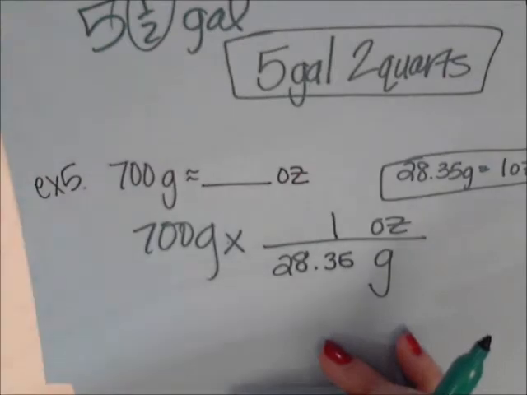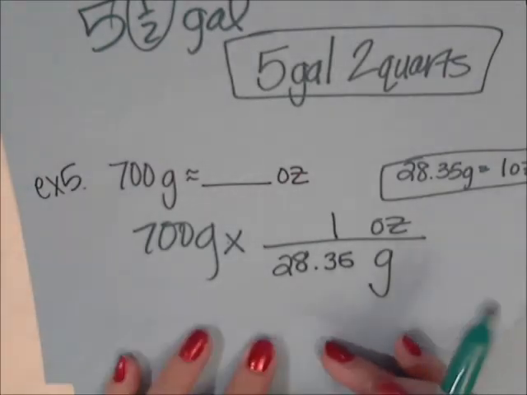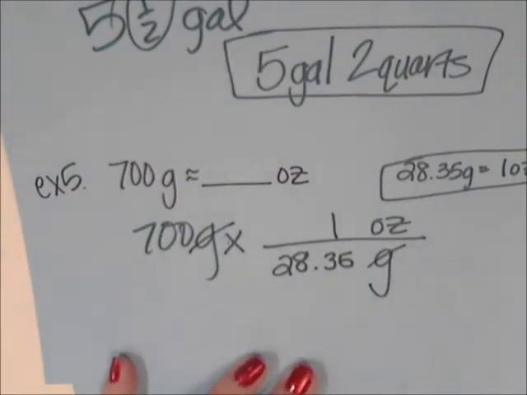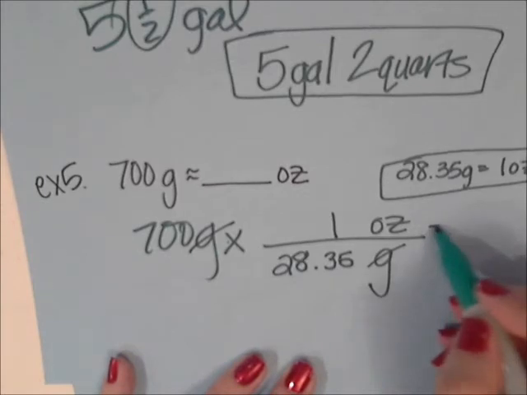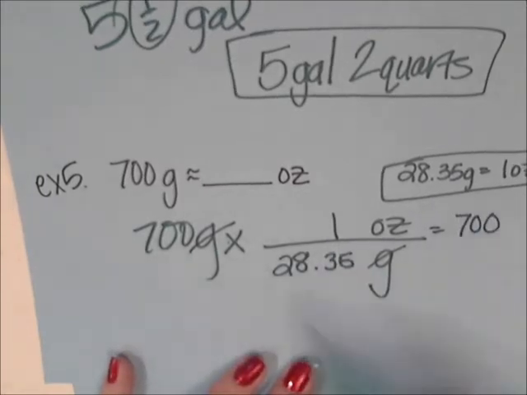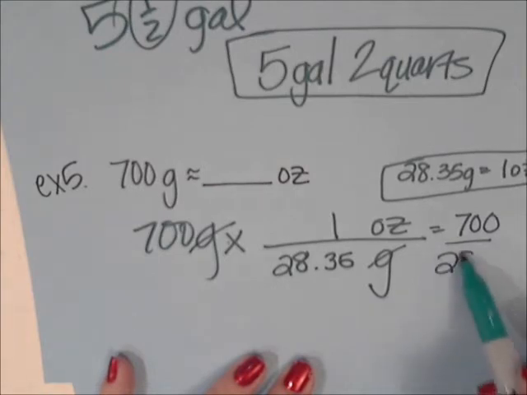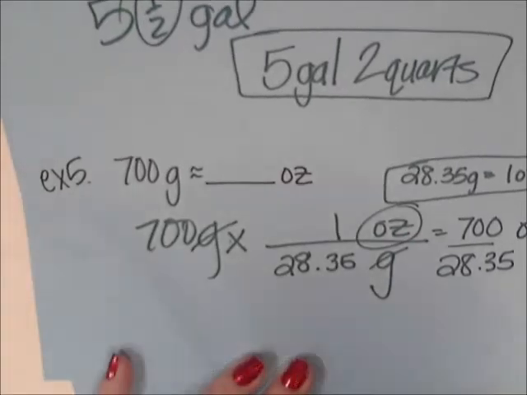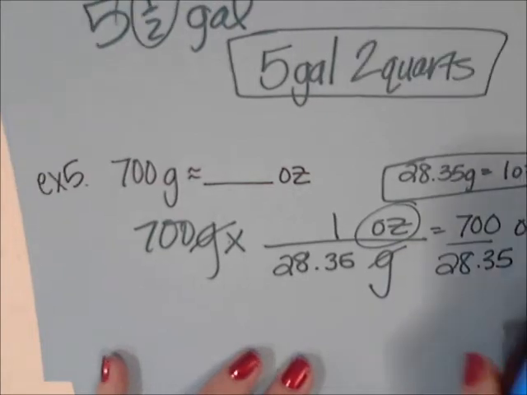And so we're going to go ahead and cancel out grams and grams. And then we're going to multiply 700 times 1 is 700, with 28.35 here, ounces. We're going to keep the ounces. I'm going to use the calculator to figure this out.